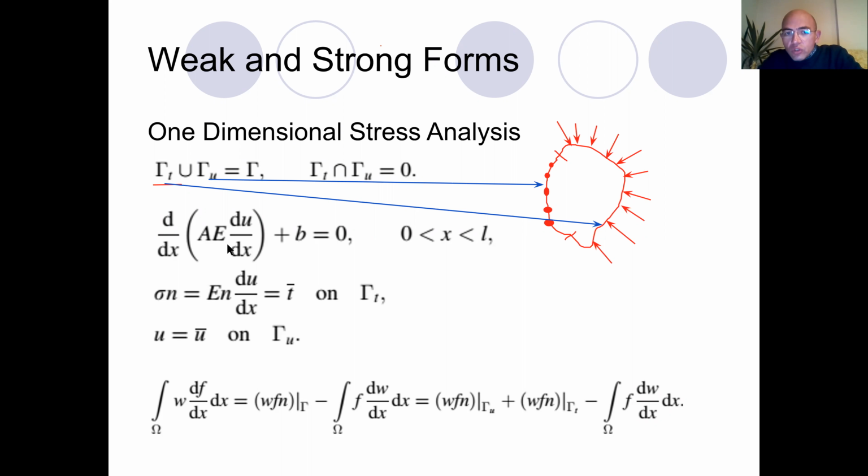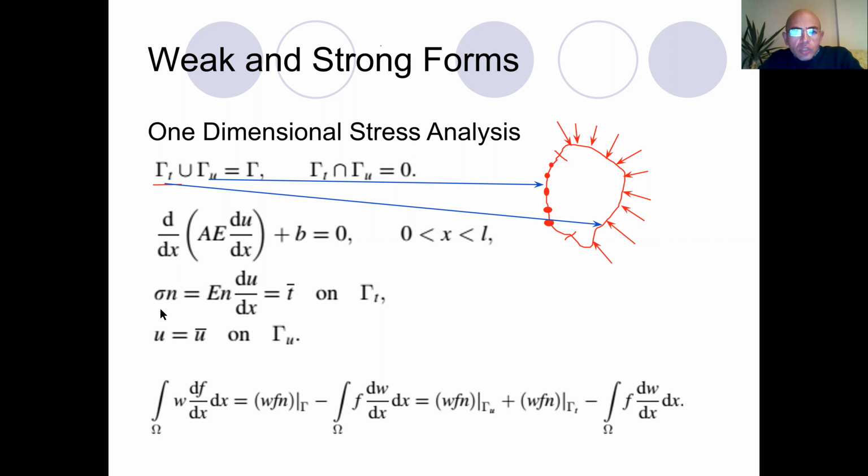So the change in force d dx in x direction plus external loads has to be equal to 0. Now we limit x from 0 to L. 0 is the lower bound and L is the upper bound of the domain that we are interested in. And here, of course, omega defines the domain.